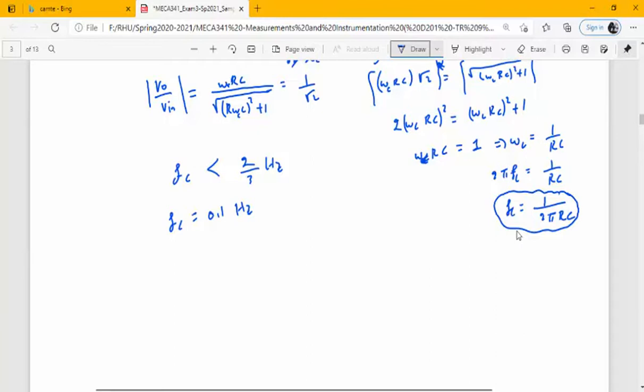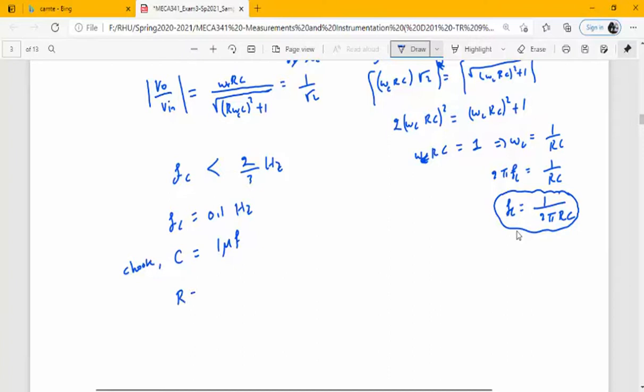Now this is an equation with two unknowns, so we need to choose one of the components, either R or C, and solve for the other. I prefer to choose the capacitance. Choose C to be equal to 1 microfarad, due to its availability in our labs.